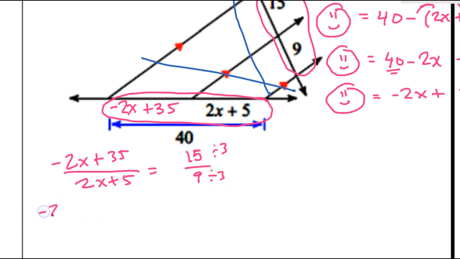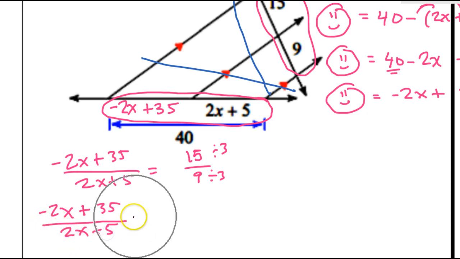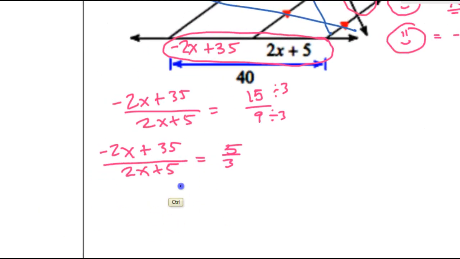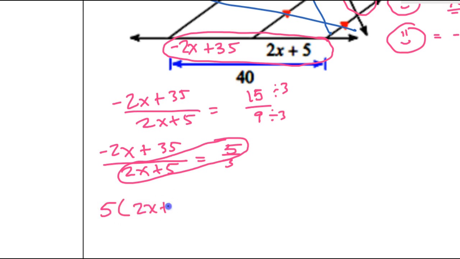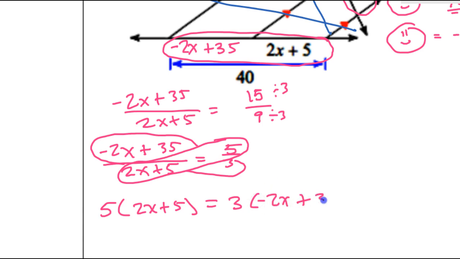That leaves me with negative 2x plus 35 over 2x plus 5 is equal to 5 over 3. Now it's time to cross multiply. I take this diagonal, so that's 5 times (2x plus 5). And then I multiply this diagonal and put it on the other side, so that's 3 times (negative 2x plus 35).